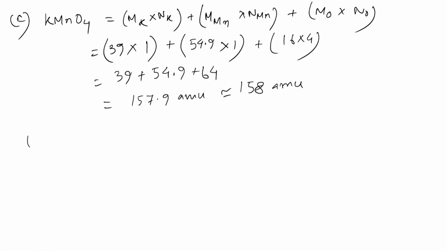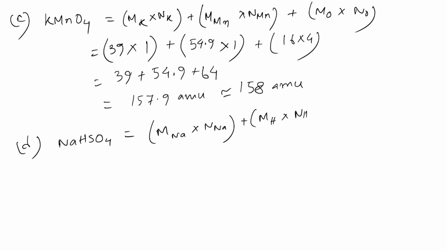Okay. So the next one is sodium bisulfate or sodium hydrogen sulfate, NaHSO4. So mass of sodium into number of sodium plus mass of hydrogen into number of hydrogen plus mass of sulfur into number of sulfur plus mass of oxygen into number of oxygen.